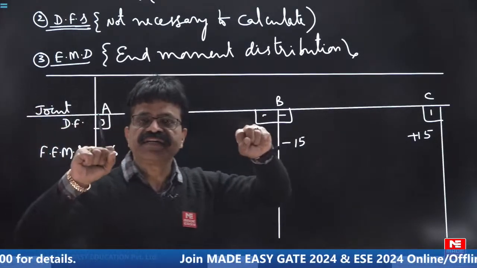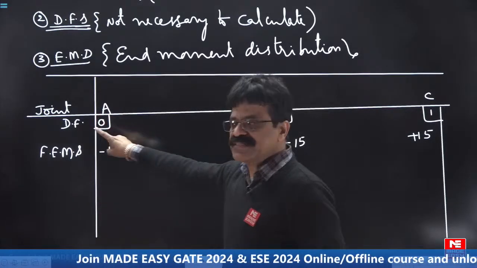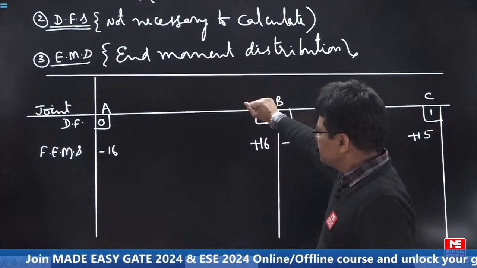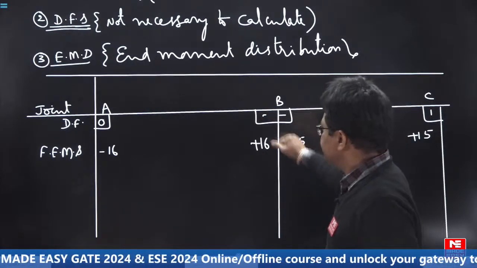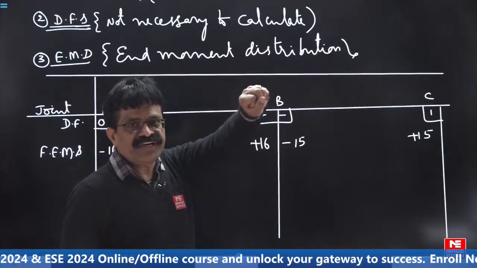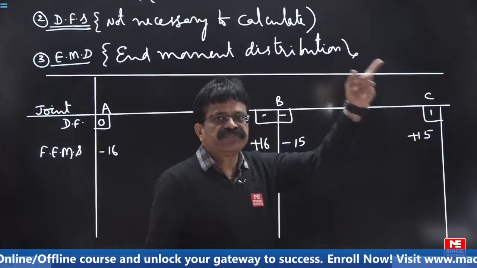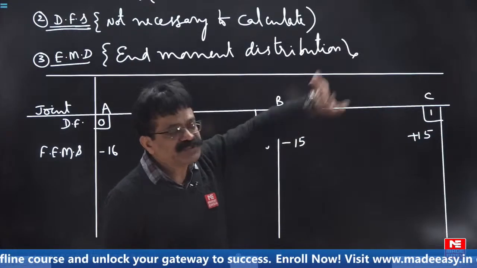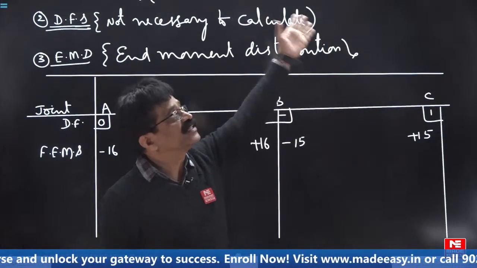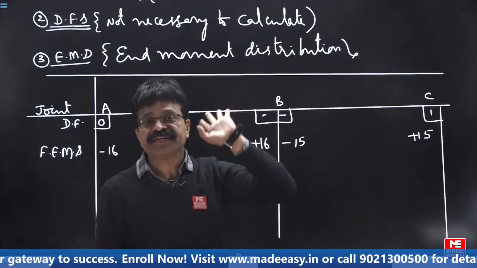To symbolically lock all the joints, you have to apply minus 16, plus 16, then it is locked. BC means minus 15, it will be locked. To completely lock the joint B, you require plus 1. To lock joint C, you require plus 15. But we don't want to fix C, because he is telling only how much moment you have to apply so that theta B becomes 0.